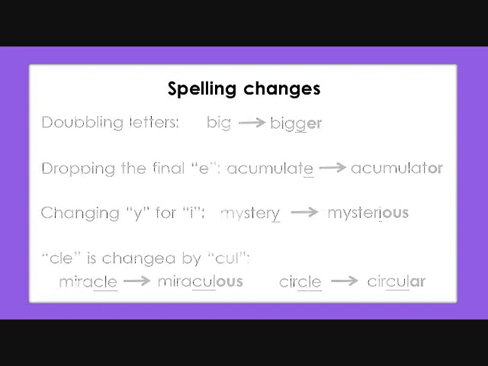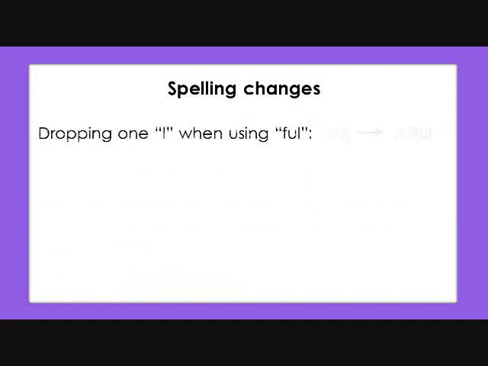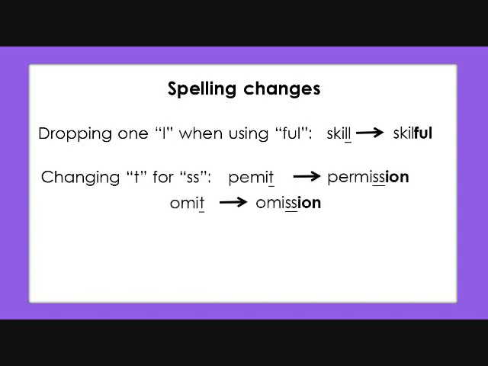For adding the suffix full to words that end in double L, we drop one L. Changing the T for the double S. There were some changes given in some cases.